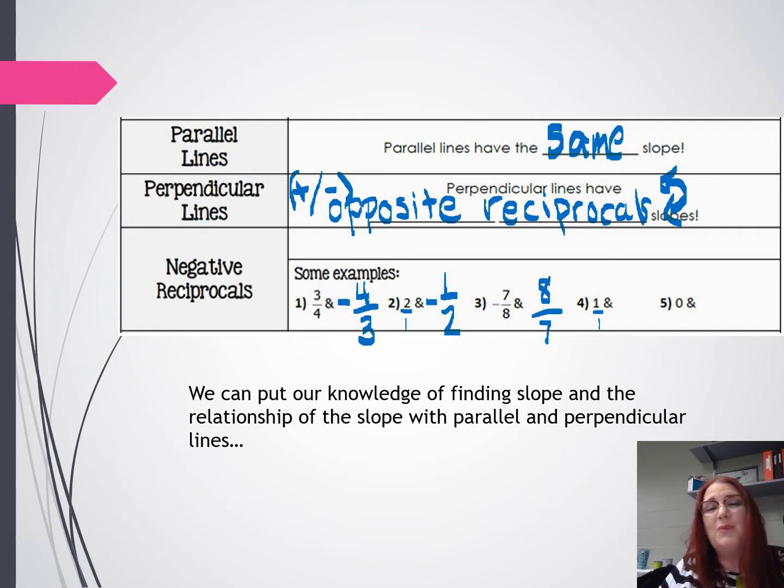So 1 over 1, when you flip it, it's still 1 over 1. It's going to stay 1, but I do have to change the sign. It's negative 1. 0, keep in mind that's over 1. If I did 1 over 0, I can't divide by 0. So the negative reciprocal of 0 is going to be undefined.